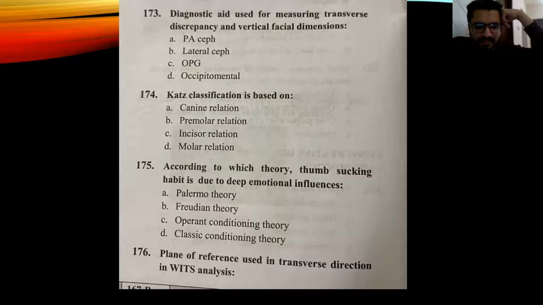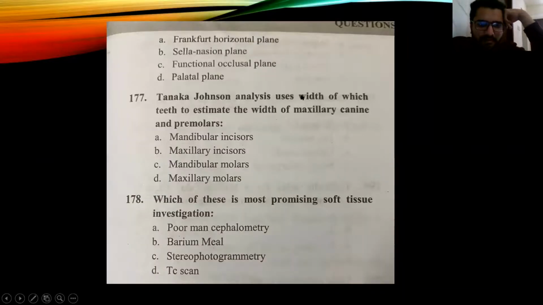Plane of reference which is used in transverse direction in Witt's analysis: Frankfurt plane, Sella-Nasion plane, functional occlusal plane, or palatal plane. You guys know, right?